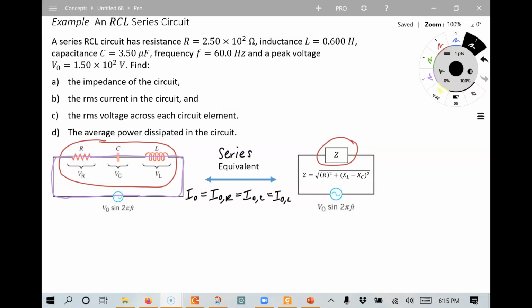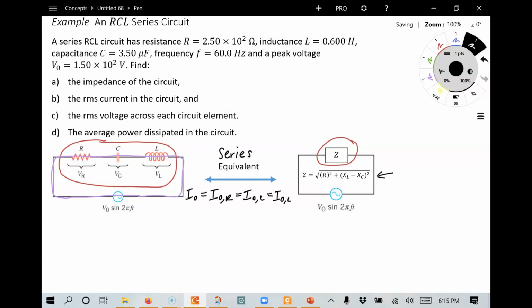Now, looking ahead, the reason why we want to calculate the impedance is that in this picture we've got a simple circuit where we can use an Ohm's-like law. So remember Ohm's law, V equals IR. Well, in this case, the voltage here is our peak voltage. We're actually going to do RMS, so let me write this as RMS.